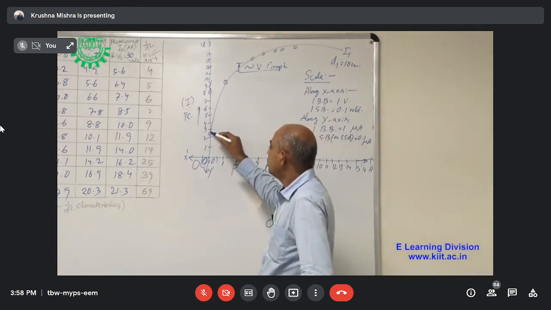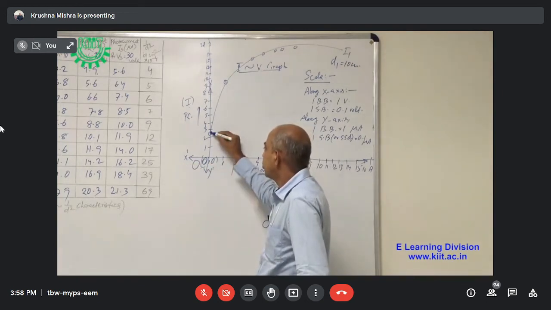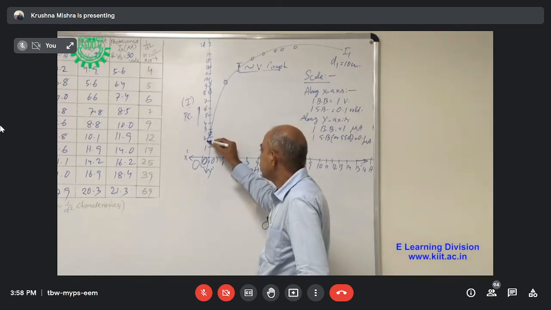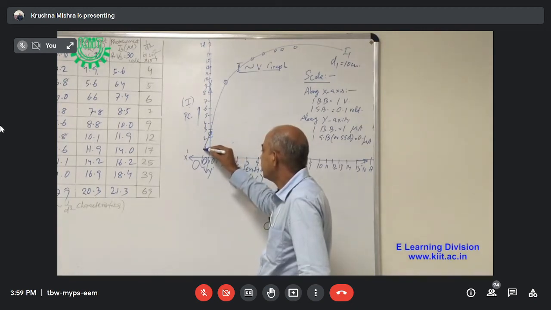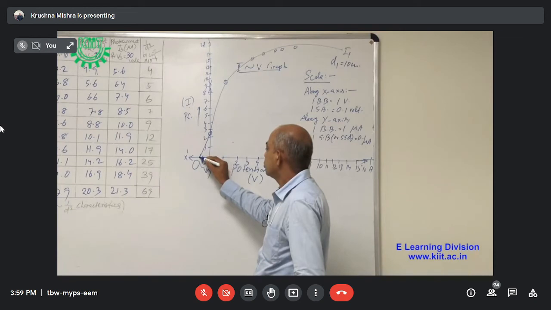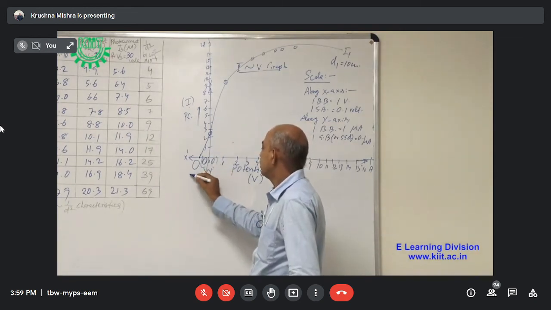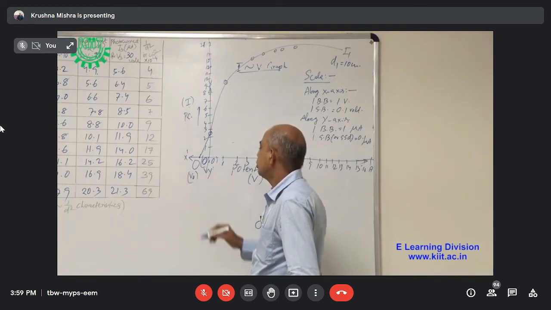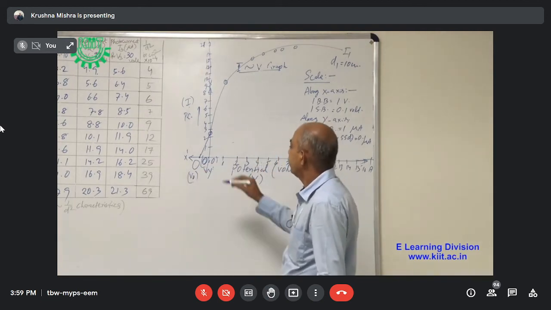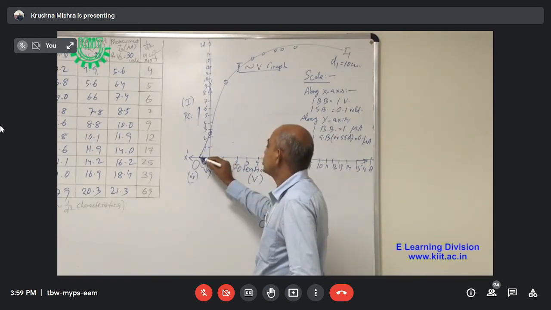If you go on decreasing the potential, the photocurrent gradually decreases, and if we decrease it further, the photocurrent stops. This is for a particular negative potential, V naught, called the stopping potential, and the photocurrent stops here.